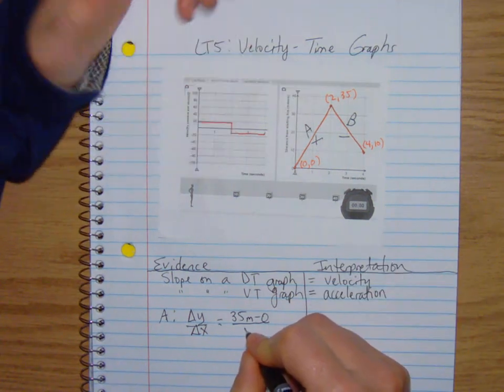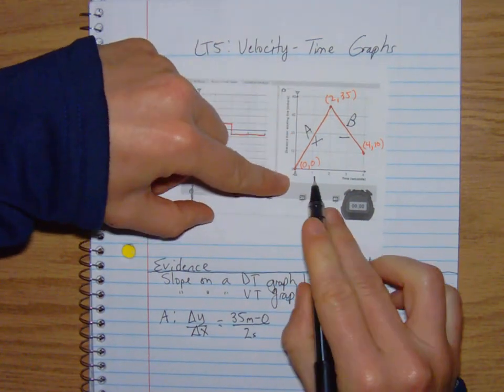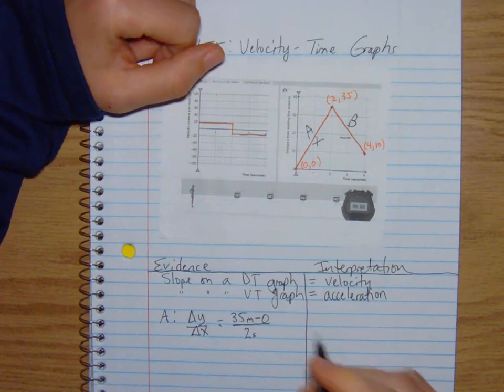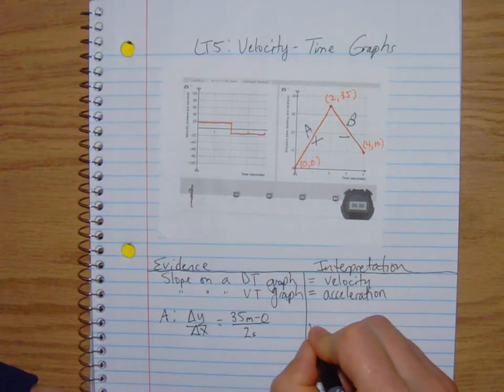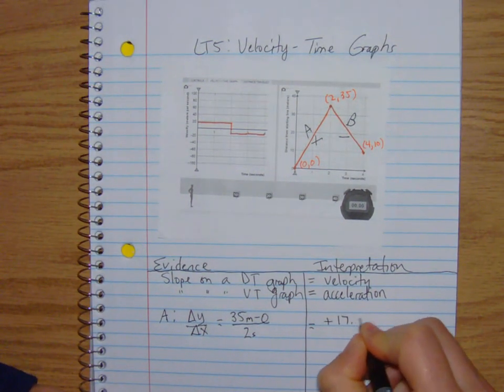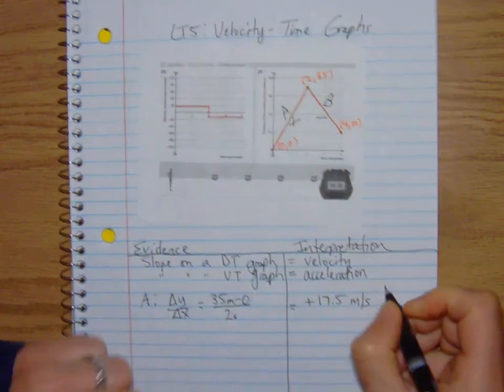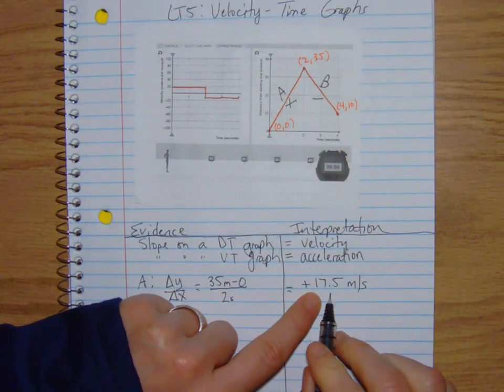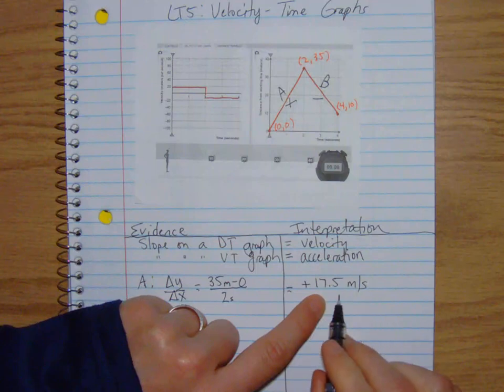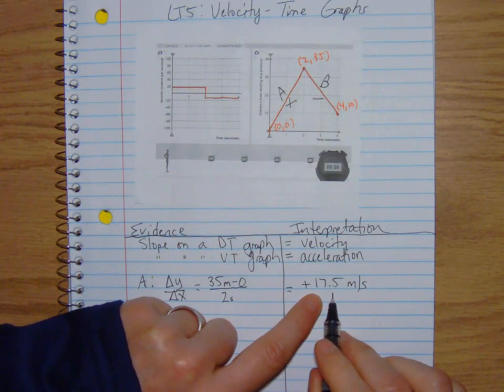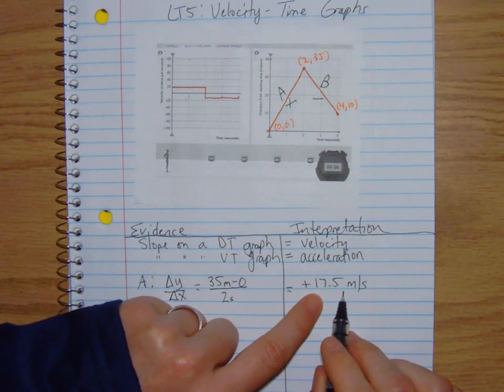And we've taken 2 seconds. That's a 2-second interval from 0 to 2. So that gives us a slope of a positive 17.5 meters per second. The positive tells us the runner is moving to the right, and the speed combined with the direction now is our velocity: 17.5 meters per second.